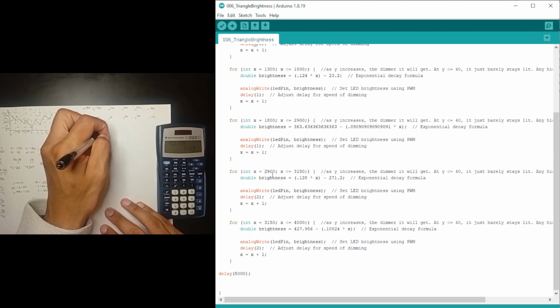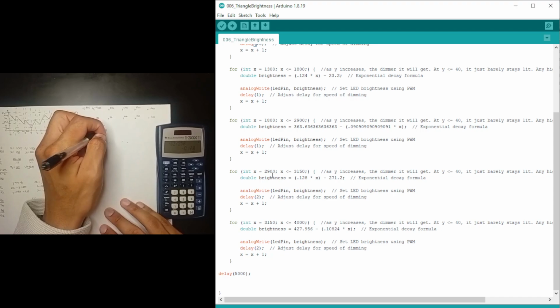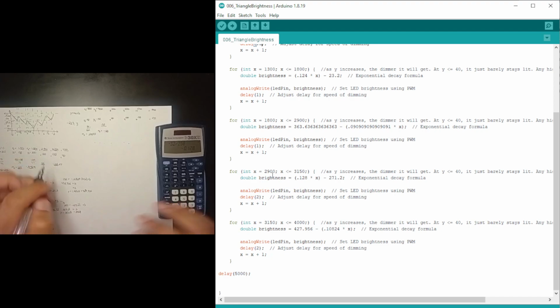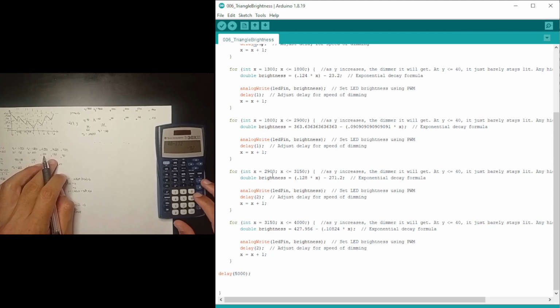Seven equals minus 0.128. Is that just, this one is weird. 40 minus 132 divided by 850. 0.10824. Huh.